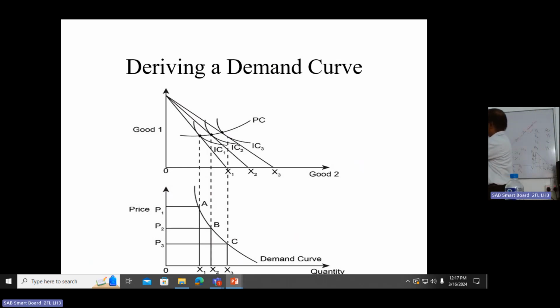So that's the budget line on the two axes, and we see the quantities demanded when there's a decline in the price of good 2.